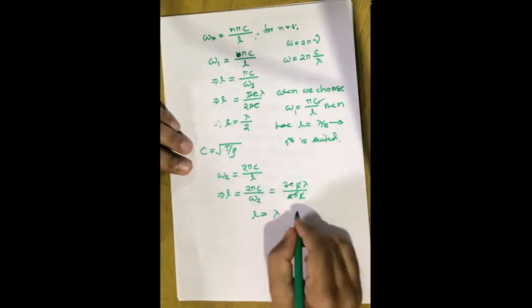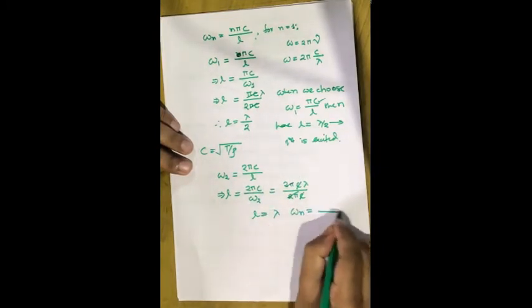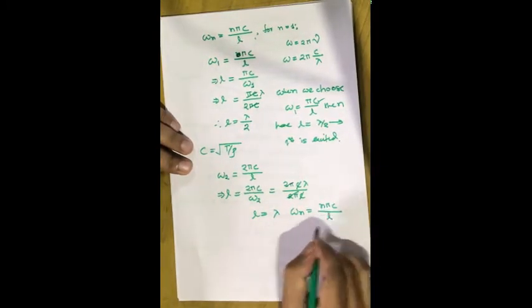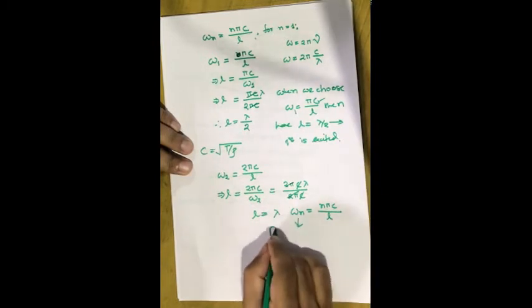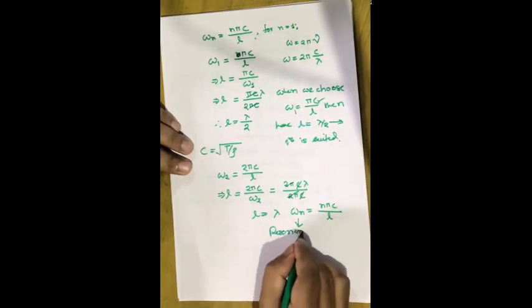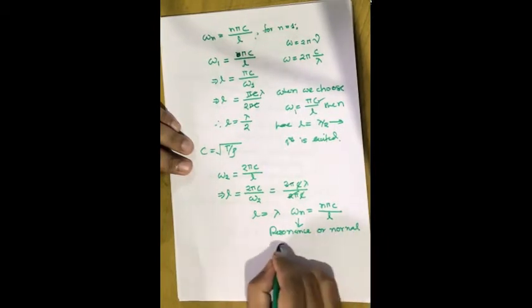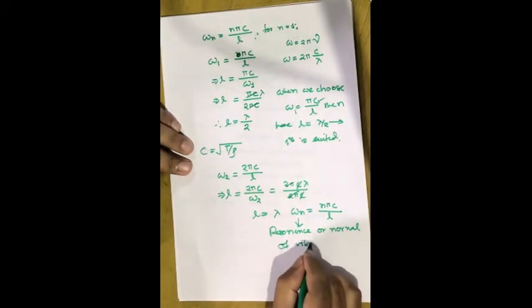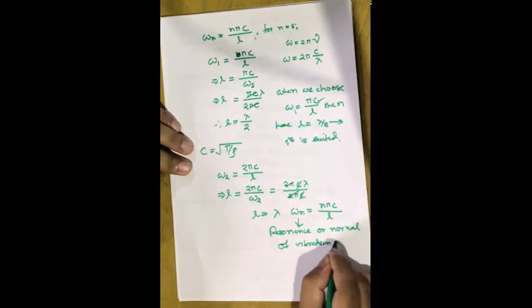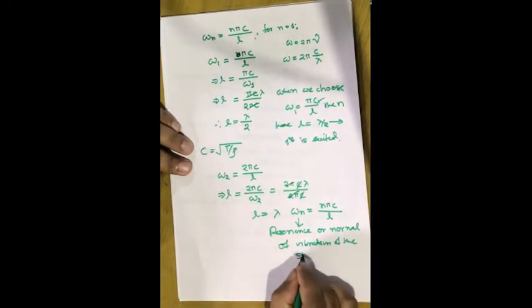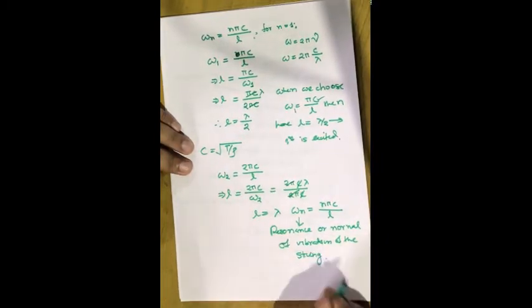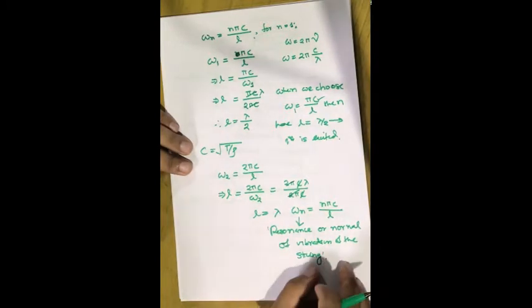So omega n is equal to n pi c divided by L. These are known as the resonance modes or normal modes of vibration of the string. Here we can have the formation of a standing wave, and standing waves are always the maximum amplitude wave.